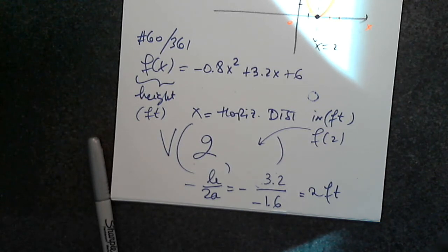So clear on y equals, and type in the function, negative 0.8 x squared, where the negative is the negative, not the operation, plus 3.2x plus 6.